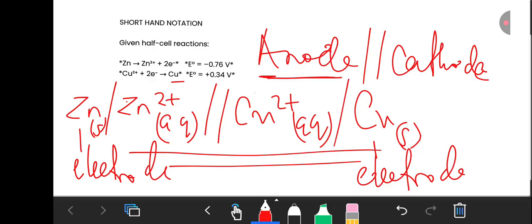Now let's say there were two similar states.